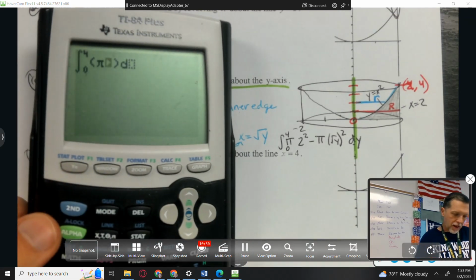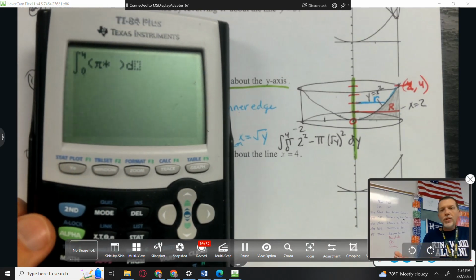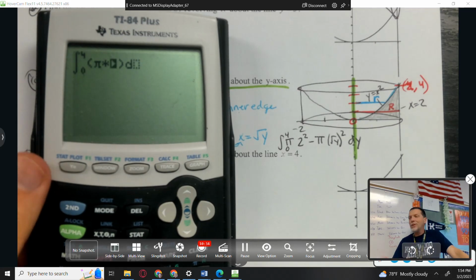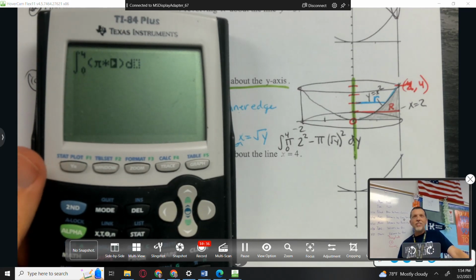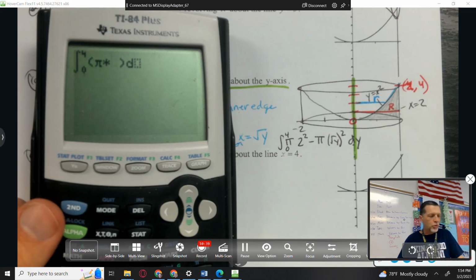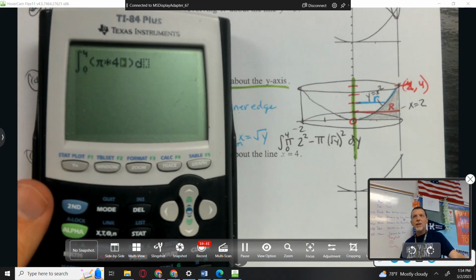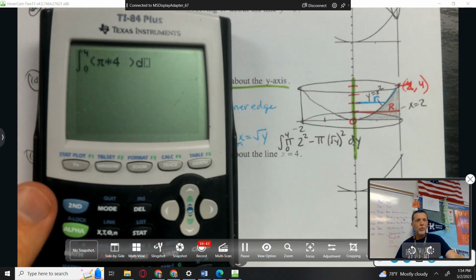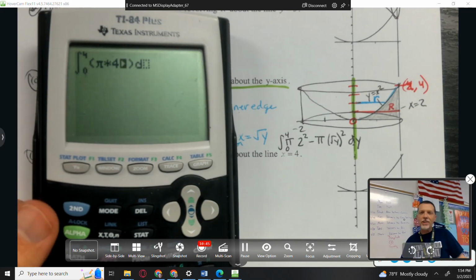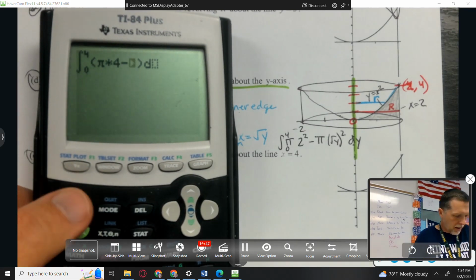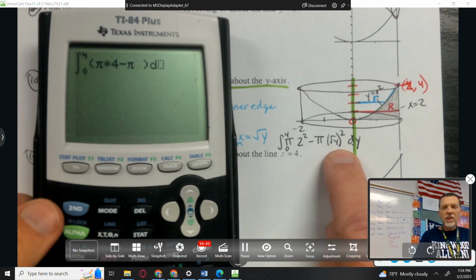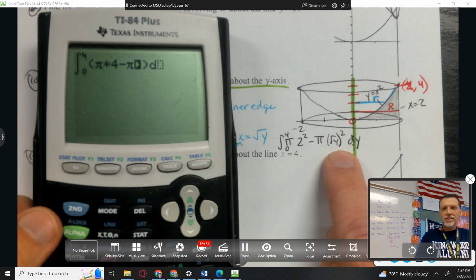So pi times, and you can type it in exactly as you see it, or do a little bit of the math just to save some keystrokes. Like I know what 2 squared is, so I'm going to go ahead and put 4. But if you want to be super safe and type in 2 squared, obviously your calculator can handle that. Same thing here. The square root of y squared is just y.